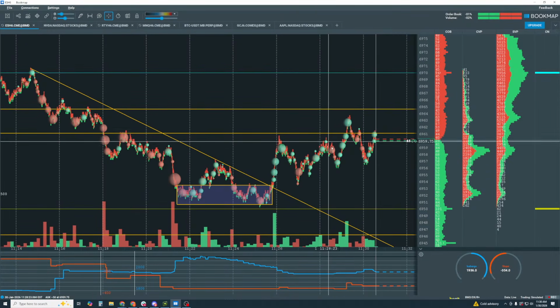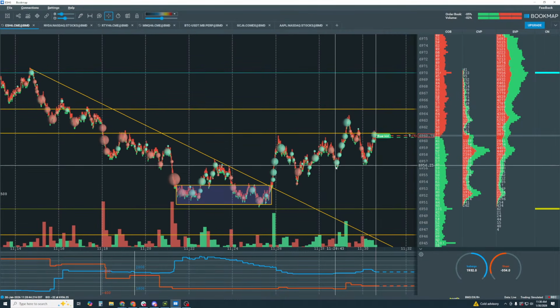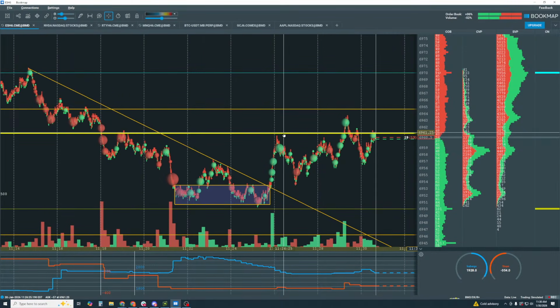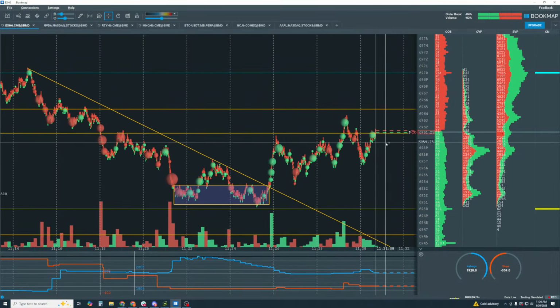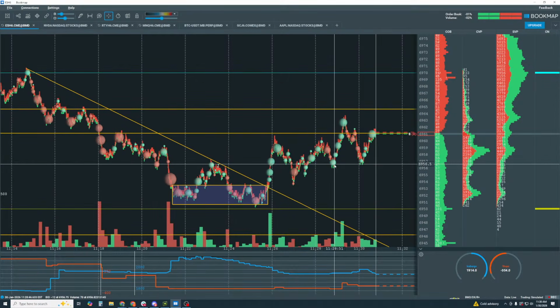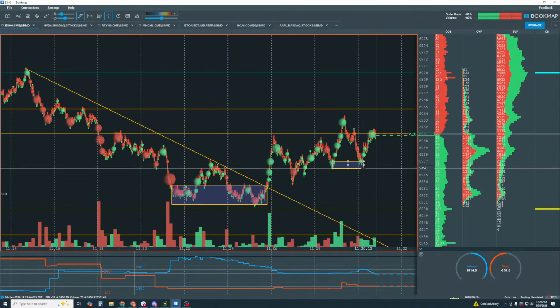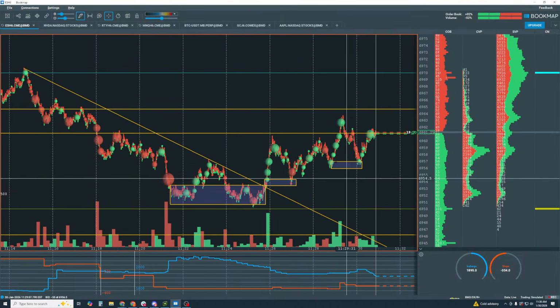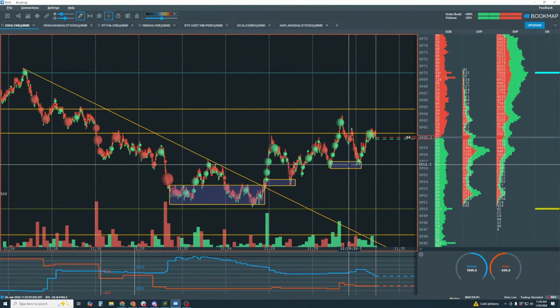Up here, some sellers could have taken it down. They didn't. Buyers came back in again, and then we broke this structure. Now we're breaking them and then coming back in, testing where the buyers came in. These are things to take away from. Testing where they came back in. So that's one thing.